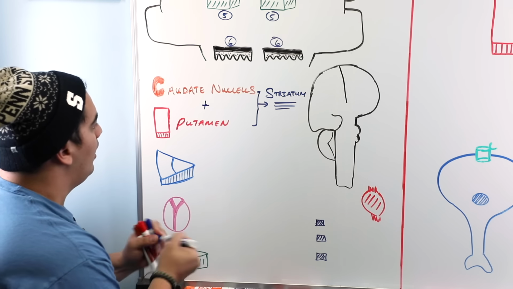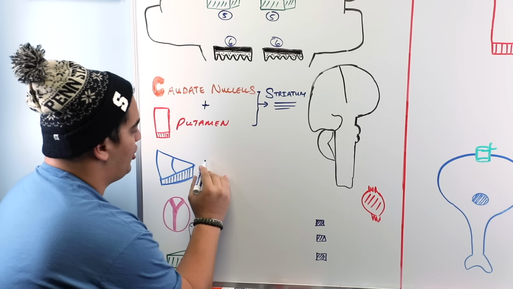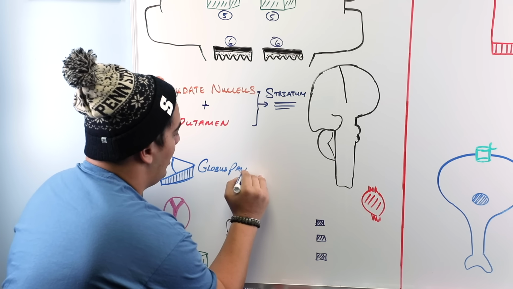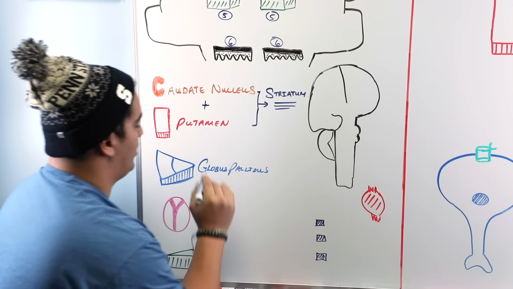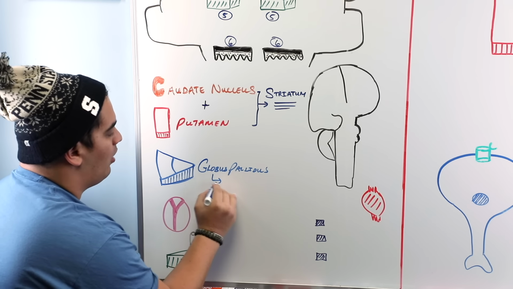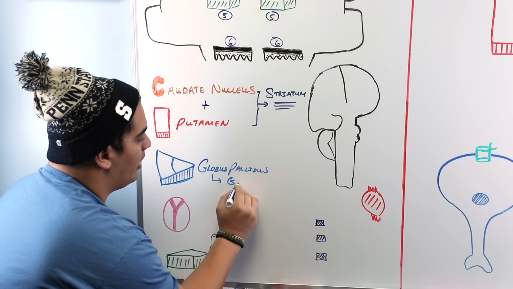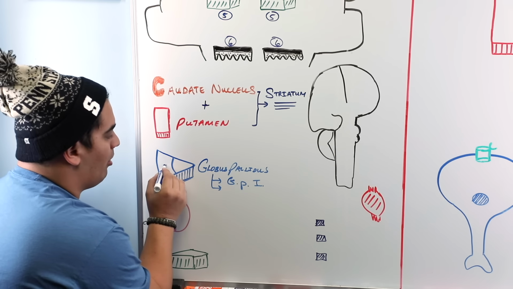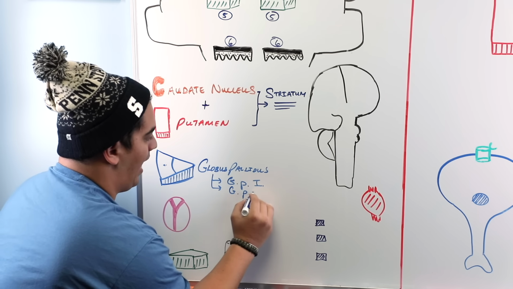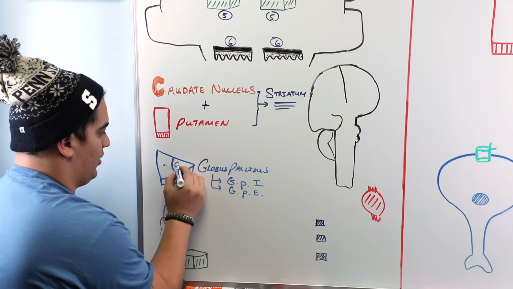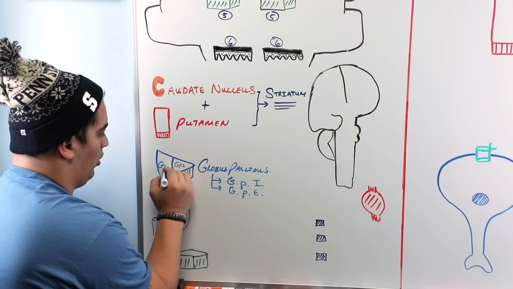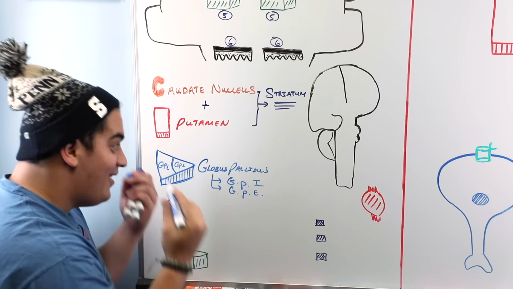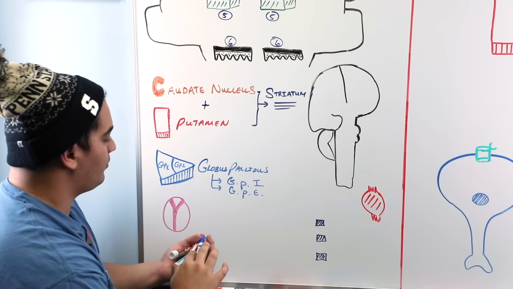All right, beautiful. The third component that we mentioned is the globus pallidus, and we said that there were 2 components. There was an internal component, so we're going to put globus pallidus internus, and an external component, which is called the globus pallidus externus. Now there's another term that we have to establish.